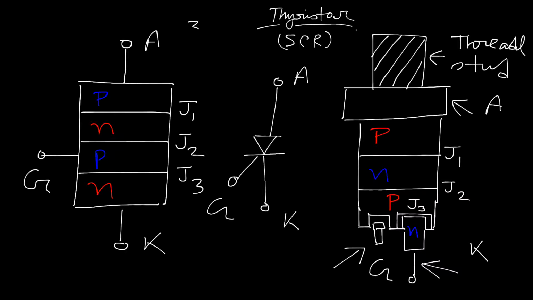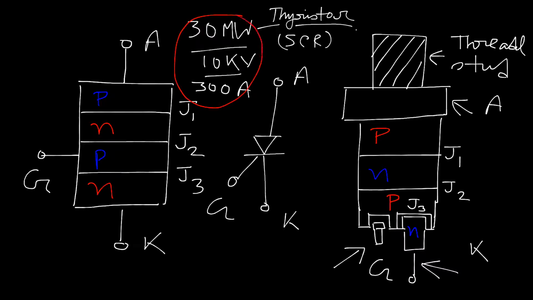That means the voltage handling capacity is near about 10 kilovolt, and the current handling capacity is near about 3000 ampere, which is very big in magnitude. So that is the specification of the thyristor normally used for application purposes.